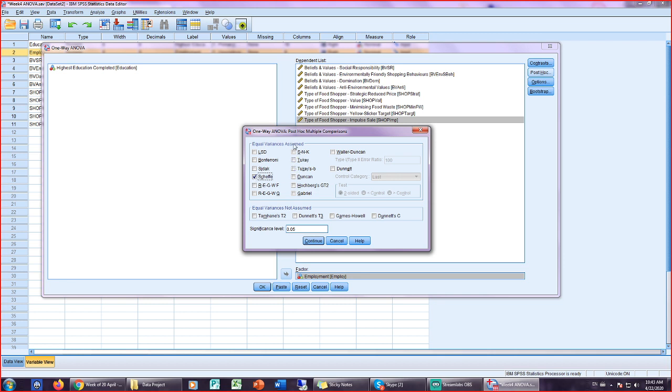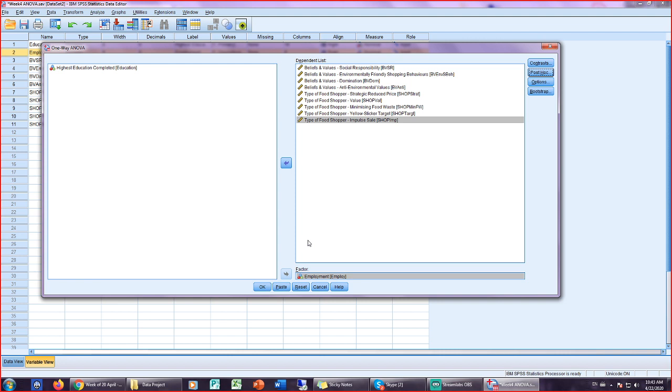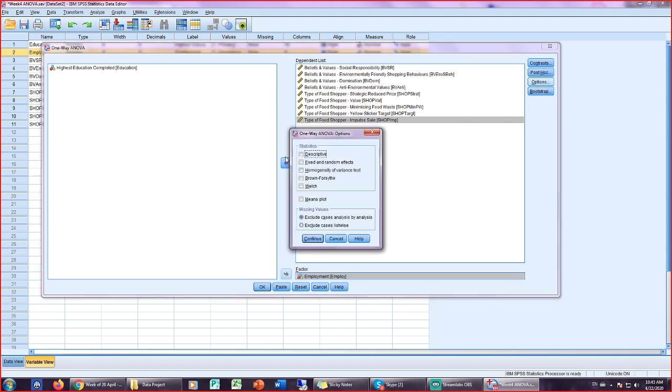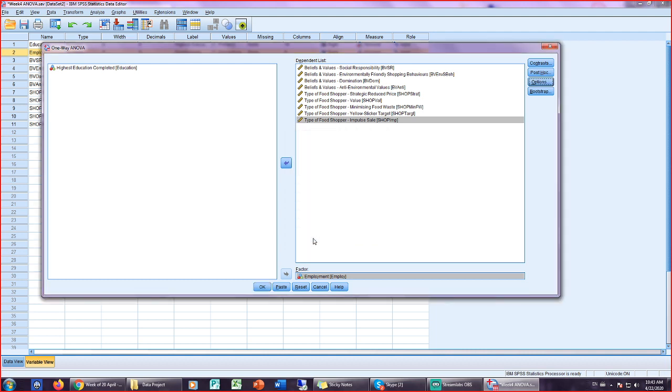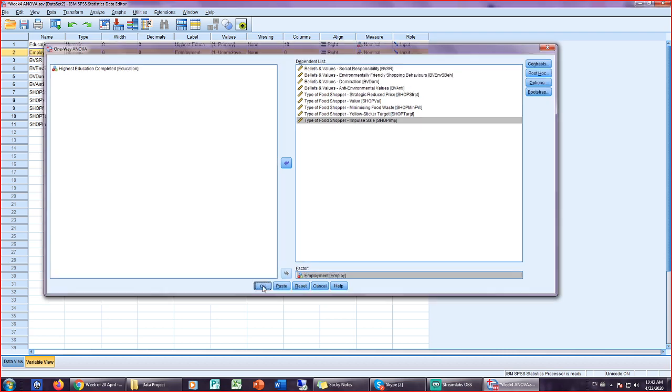There will be folks who use Tukey and LSD, and not in a good way. But the Scheffé is the one that I tend to use. There's good support for it. On the options, you may want to choose your descriptives so that you can look at the different means, and then click Continue. That's all that you want to check. Once you have added in your post hoc and looking at the means, then you can run your one-way ANOVA.